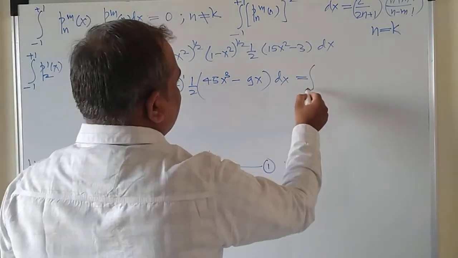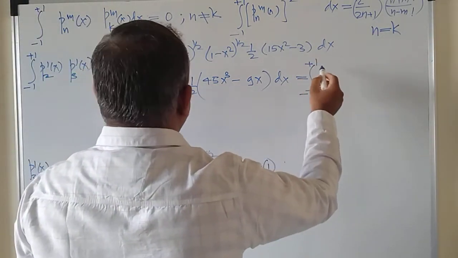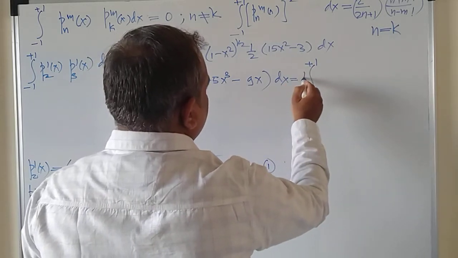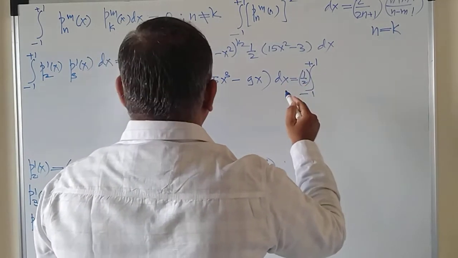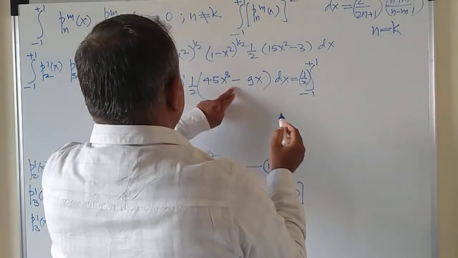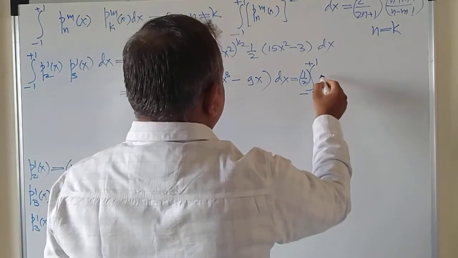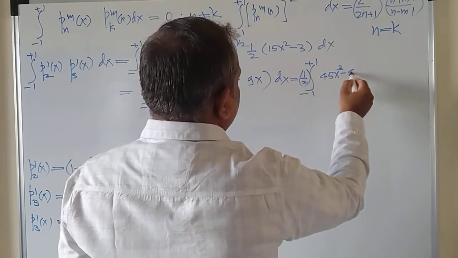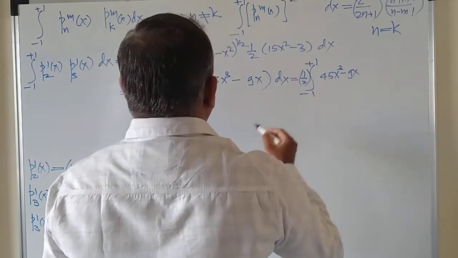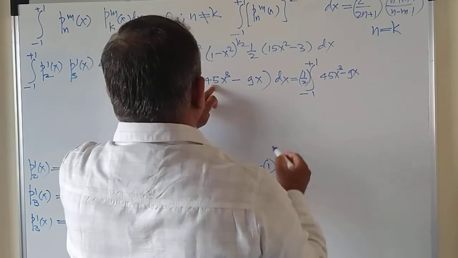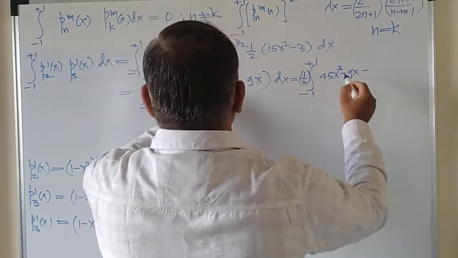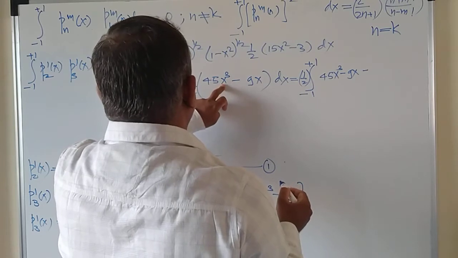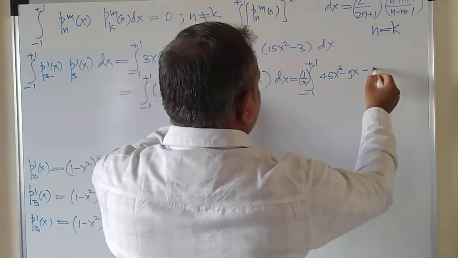So this is equal to, now you should multiply this bracket to this, so this will give you integral from -1 to +1, and I will take out 1/2 outside, 1/2. This bracket into 1, that means this bracket as it is, so 45 x cube minus 9x minus 45 x cube into x square, so 45 x raised to 5.